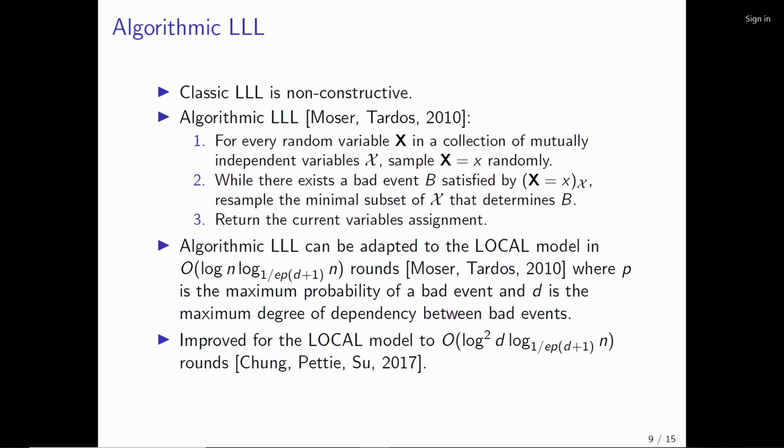Now, let me talk about some other, let's say, version of algorithmic LLL. When this paper by Moser and Tardos came out in 2010, or actually 2009, published in 2010, Terence Tao coined this term entropy compression in some of his blog posts to talk about this.